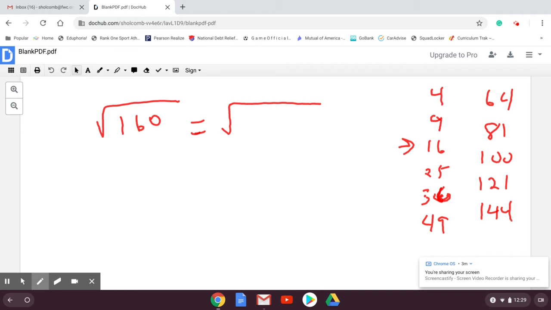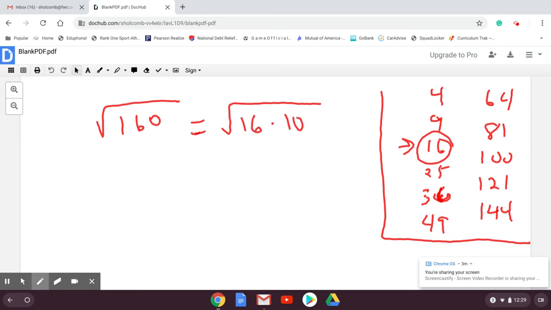So we're looking for these numbers inside of square root signs. Here's why. We noted that 16 is a perfect square. So I'm going to rewrite the square root of 160 as the square root of 16 times 10. Okay? That's the same number. The square root of 16 times 10 is the exact same thing as saying the square root of 160.